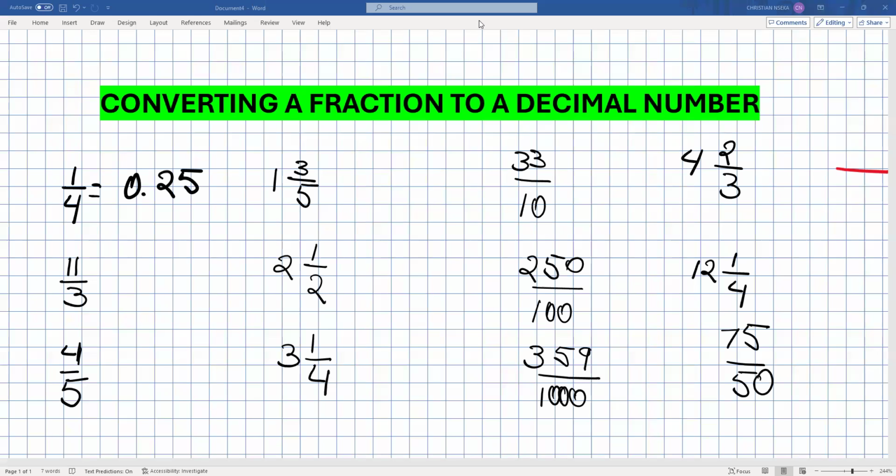If you do not know how to round, you may just need to check the video on how to round to the nearest tenth, 100th, 1000th. That will help you. All right, 11/3. What kind of fraction is that one? It's an improper fraction. 11 divided by 3, you got 3.6666.